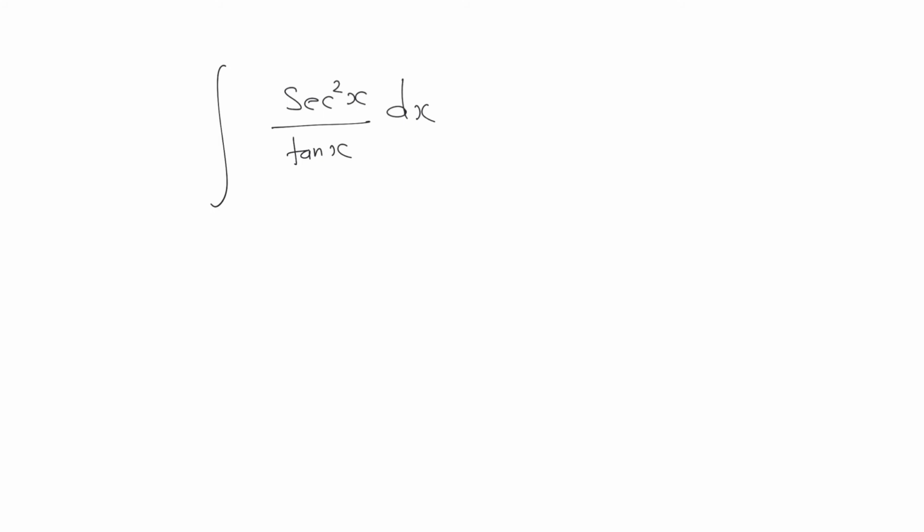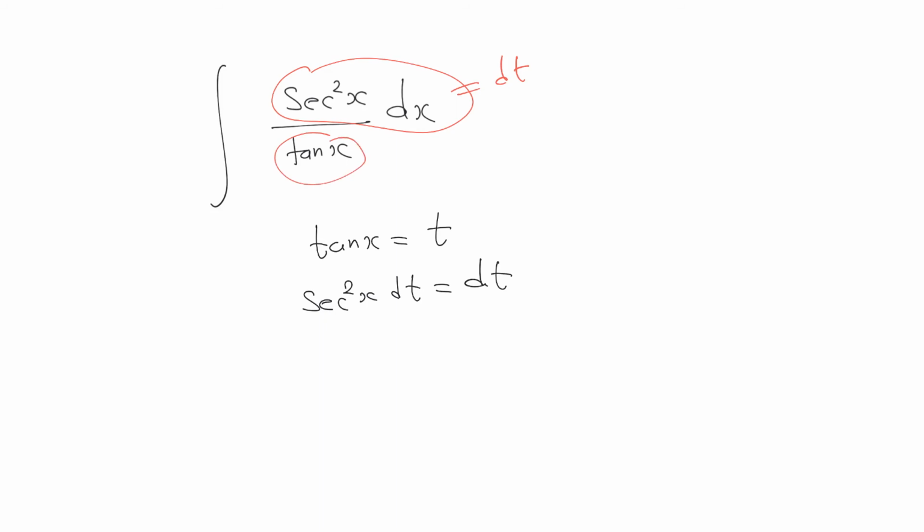So our first step is to take tan x equal to t. Now we can differentiate it. Differentiation of tan x is sec square x dx, which is equal to dt. So in our question, instead of sec square x dx, we can take dt, and this tan x we will consider as t.